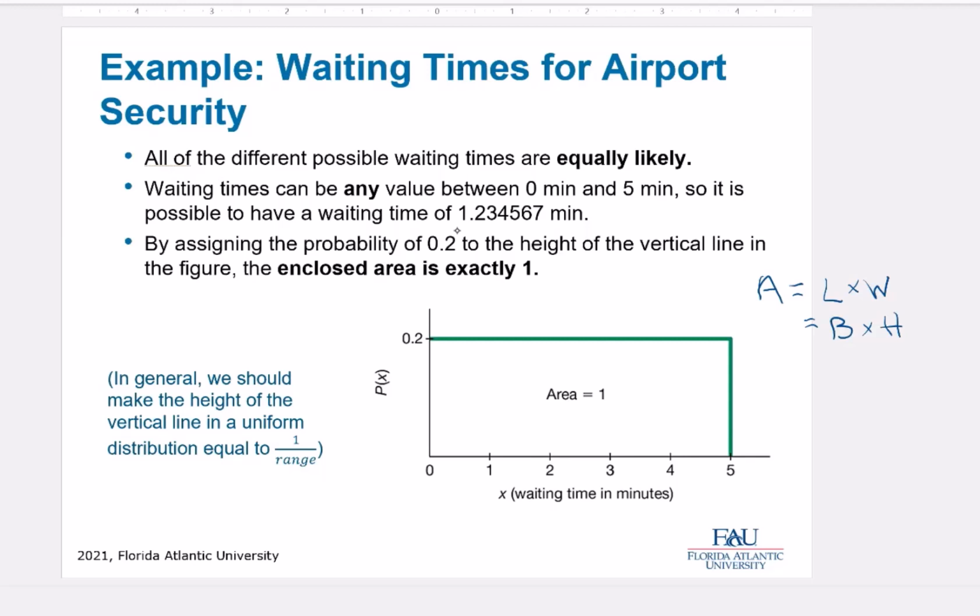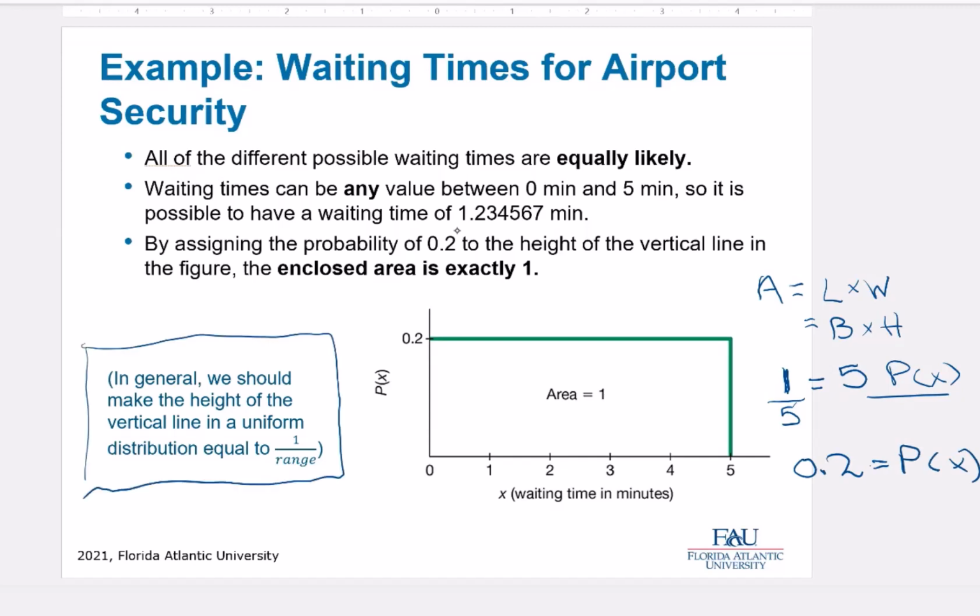So if I know the area is always 1, and I know the base here is 5 because it's between 0 and 5 minutes, and we want to figure out what the probability is, we can divide both sides by 5. 1/5 is the same as 0.2 equals the probability of any event happening.